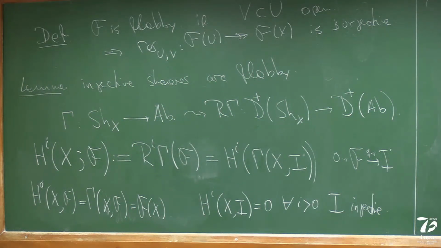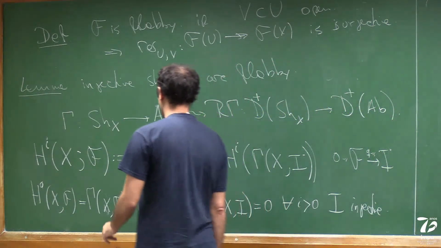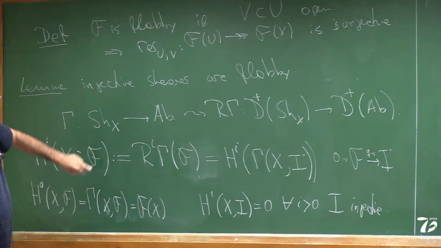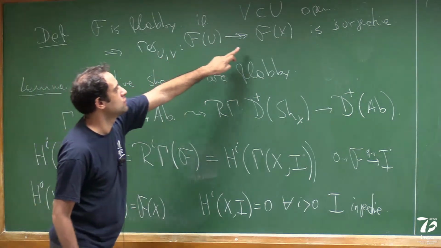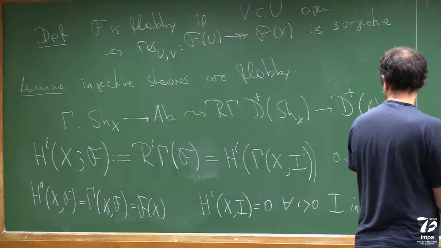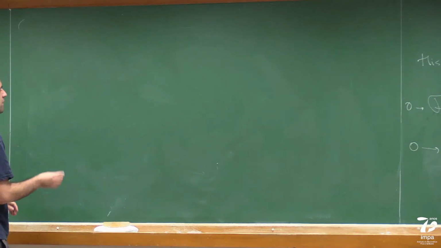So now, let's try to prove that flavies are going to be good to compute derived functors in these categories. So, okay, I want to prove that injectives are flavi, that they satisfy this stronger condition than just being injective. All right, so the first observation is this.